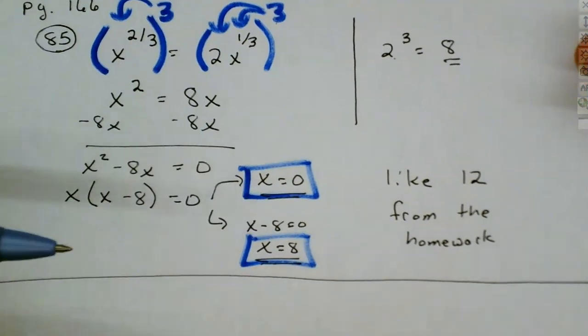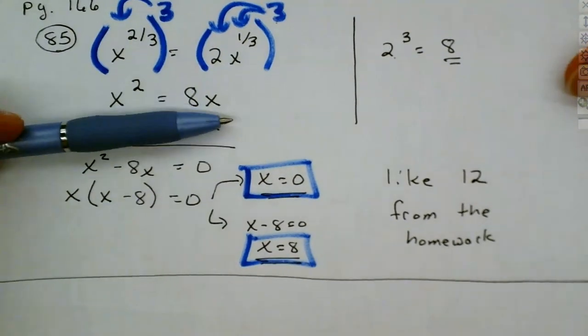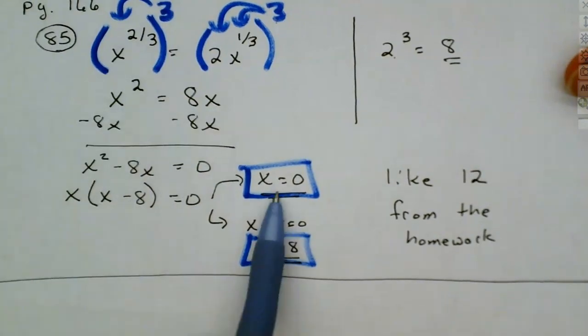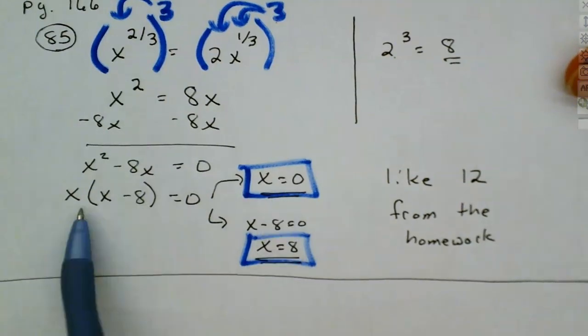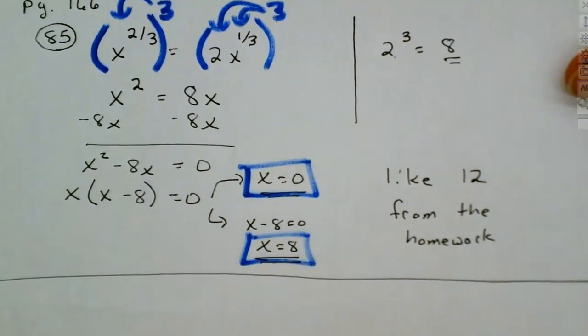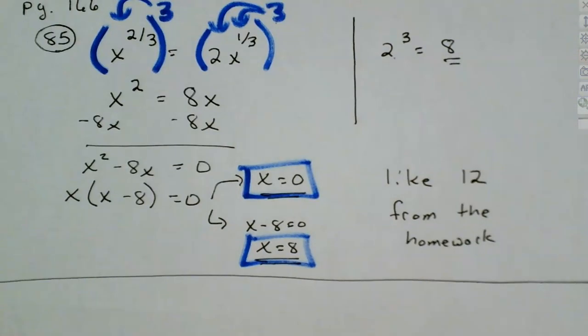I don't like to have you divide by x up here because you'll lose the solution. If you divide by the x, that would give you x equals 8, but you wouldn't remember the other. So that's why I always like to have you write it out and factor it. That way you see you get both solutions. I never want to have you divide by x because you'll lose one.